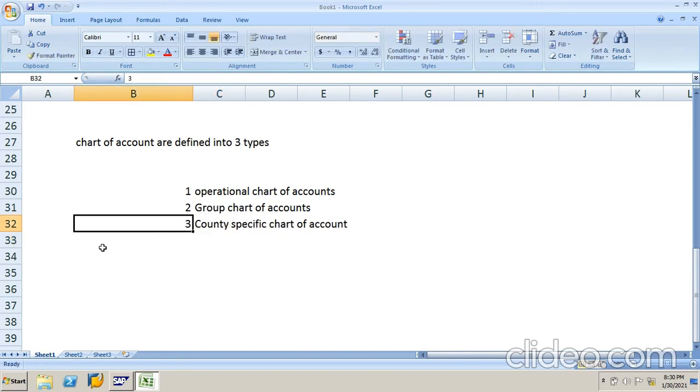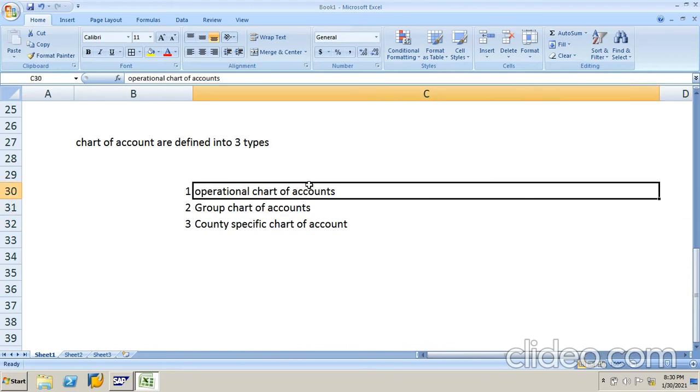So the third one is a country specific chart of accounts. So the chart of accounts are defined into three types. So we have operational chart of accounts, group chart of accounts, and country specific chart of accounts.